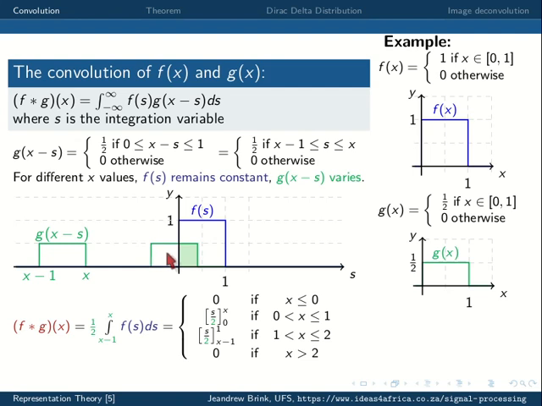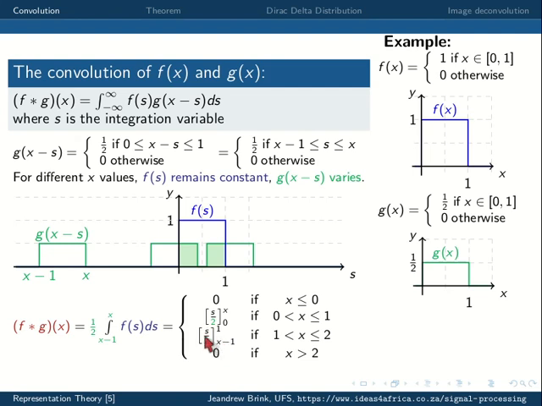If x gets bigger, in other words, this leading edge goes out over there, you have the situation where the box has moved past, and you need to integrate from this line all the way to 1. In other words, you integrate from x minus 1 all the way to 1.